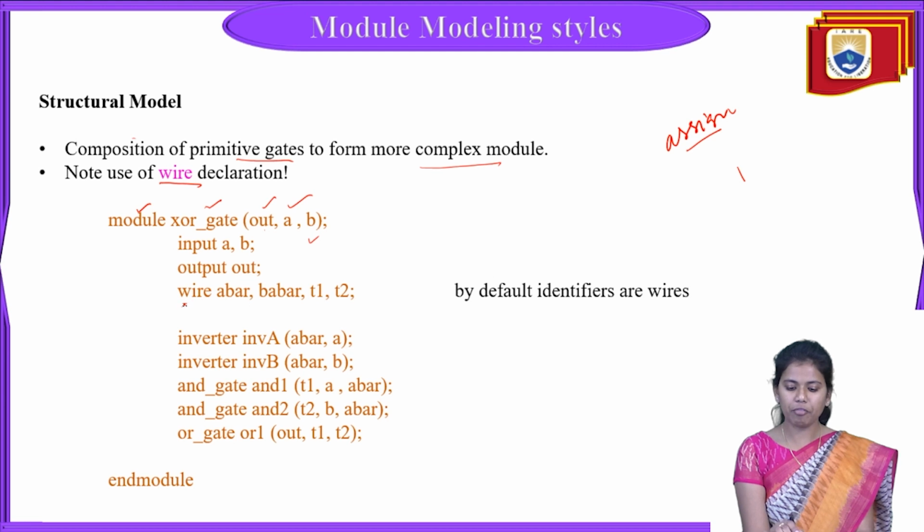And here we have wires A bar, B bar, T1, T2, based on the gate that you are considering.